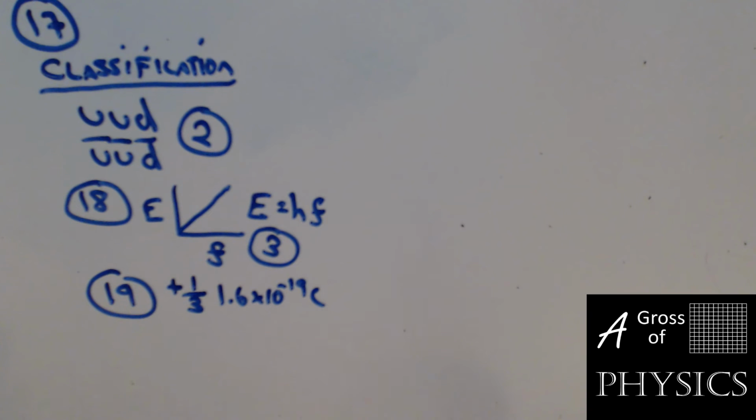So 1.6 E -19 divided by 3 gets us 5.3 times 10 to the -20 coulombs. The closest one is going to be choice 1, positive.